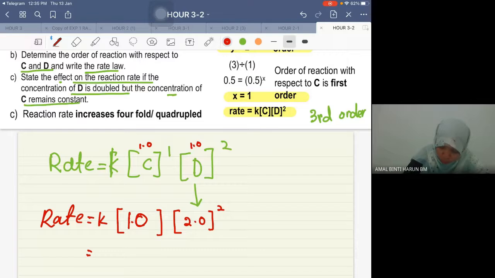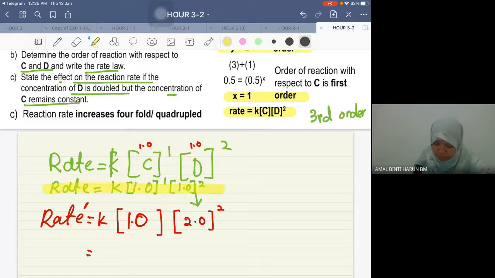Okay, yang awal ni, ini rate yang baru. Rate yang hijau tadi, rate katakan initial concentration C ni 1, D ni 1.0. So if we double concentration, okay ni yang first.